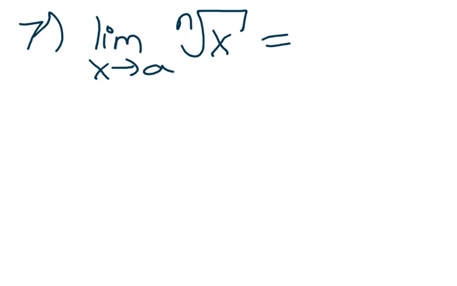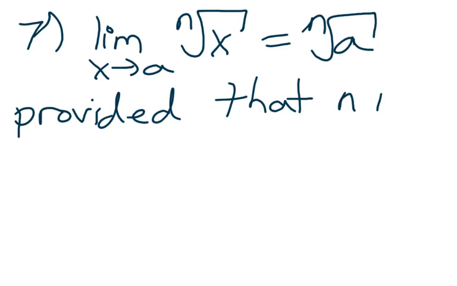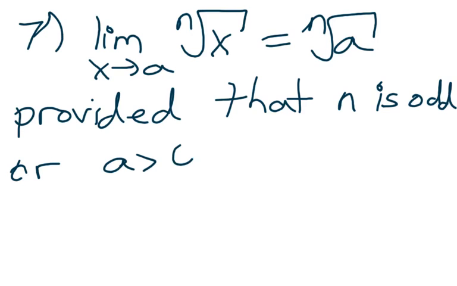So once again, this is going to be equal to the nth root of a, provided that we don't have some kind of domain issue. So provided that n is odd. So if n is odd, cube roots, fifth roots, we don't have any domain issues. Or a is bigger than 0. If a is positive, we also don't have any domain issues, even if n is even.